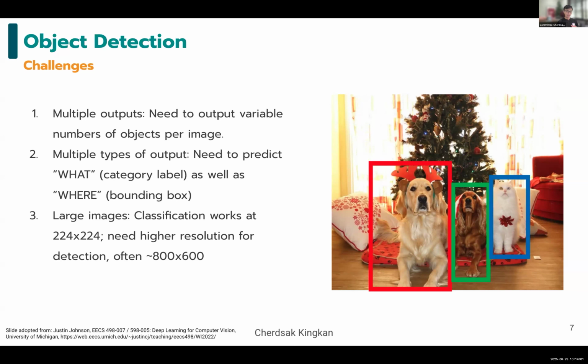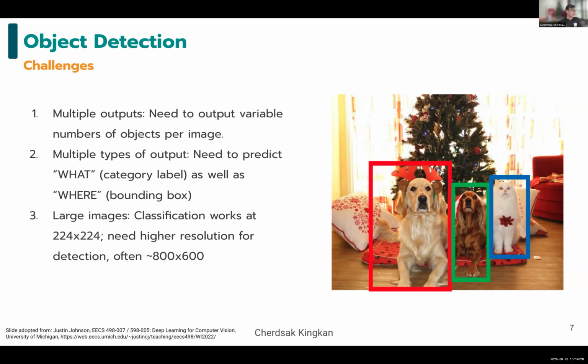There will probably be many dogs in the image, many cats within the image, and then we also need to deal with multiple types of output. For example, we need to predict what objects are in the image, and then where they are.